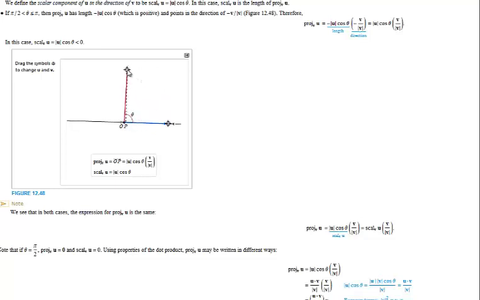At this orthogonal position, or 90 degrees, there is no shadow. And then as theta becomes larger than pi over 2, then we have a shadow that is in the opposite direction of v. So when we're looking for the orthogonal projection of u onto v, we're looking for this vector in itself that's either in the direction of v or in the opposite direction of v, and also finding what's called the scalar magnitude of u onto v.